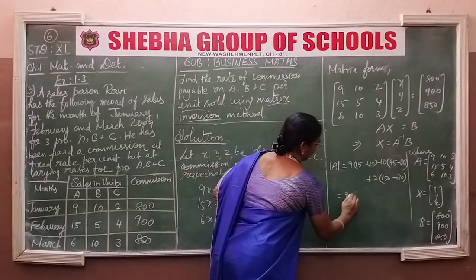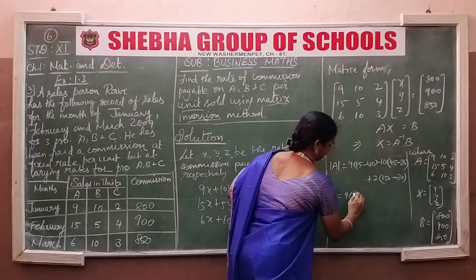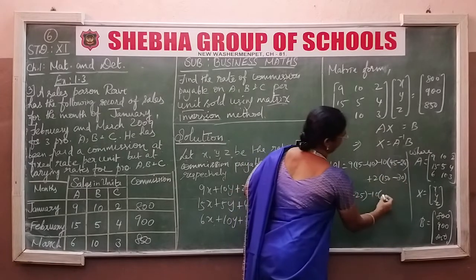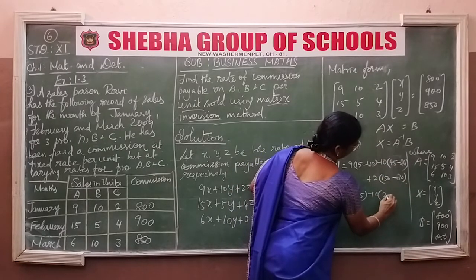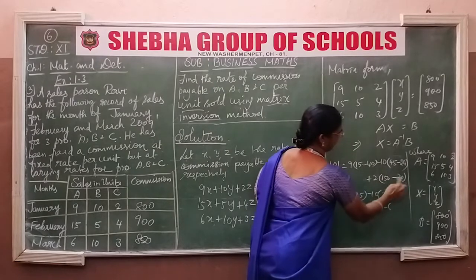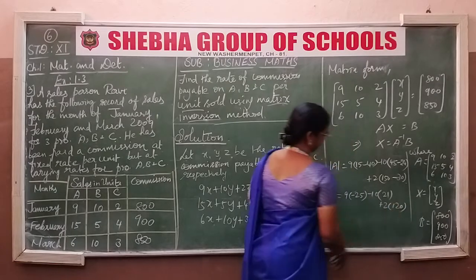So which is equal to 9 into 15 minus 40 is minus 25, minus 10 into subtracting we get 21, plus 2 into 150 minus 30 becomes 120.